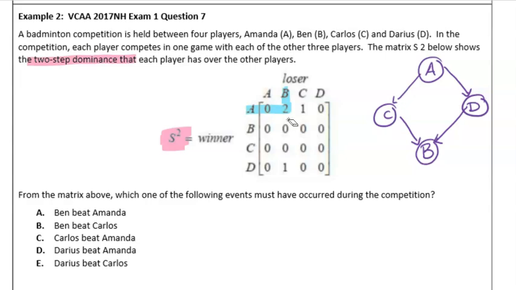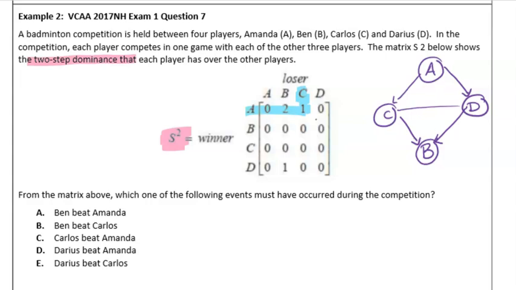So let's think about the other 2-step dominance that Amanda has. Amanda also has a 2-step dominance over Carlos, which means Amanda beats somebody who beat Carlos. Now, if they only play each other once, then the only other matches left in this matrix here are Carlos versus Darius and Amanda versus Ben.